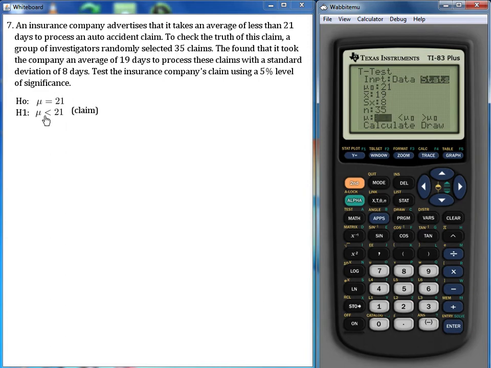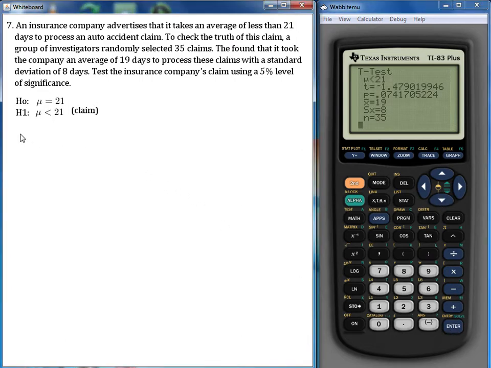Now, the symbol in my alternative hypothesis is less than, so I'm going to click on less than mu naught and calculate the p-value. So over here, my p-value is 0.0742. And of course, it's a probability, so round it to 4 decimal places. And that's all I need from the t-test.